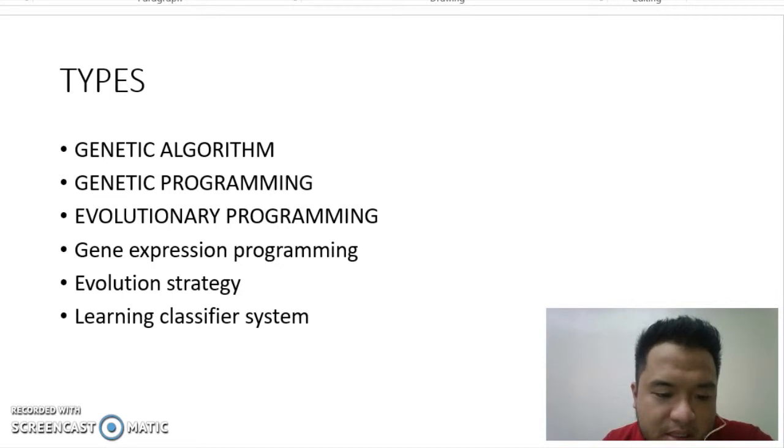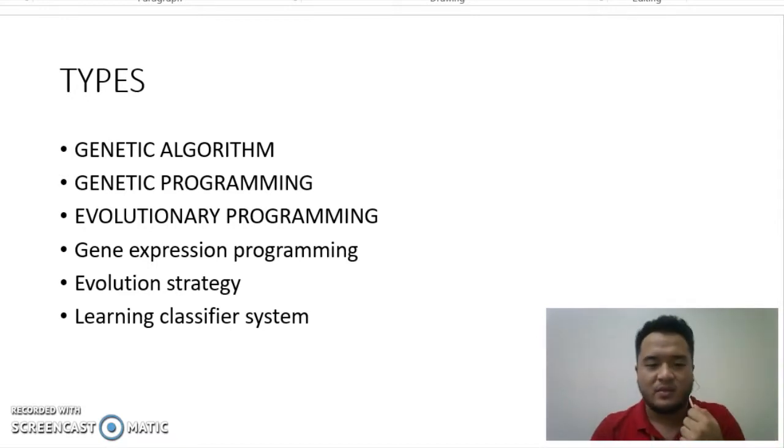Here the solution is a set of classifier rules, meaning rules of conditions. Michigan LCS evolves at the level of individual classifiers, whereas Pittsburgh LCS uses populations of classifier sets.